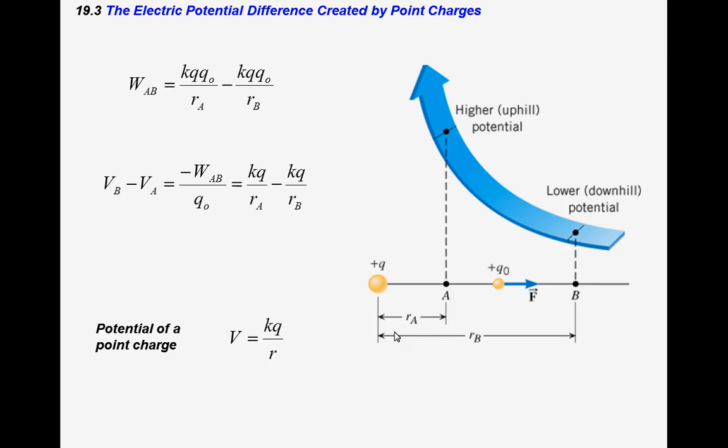Now, if we want to talk about the potential of a point charge, kind of like the actual voltage of a specific point charge somewhere in space, we'd be taking our Coulomb's law. Remember, the force equals k q1 q2 divided by r squared. But now we're just doing it from the perspective of one thing.